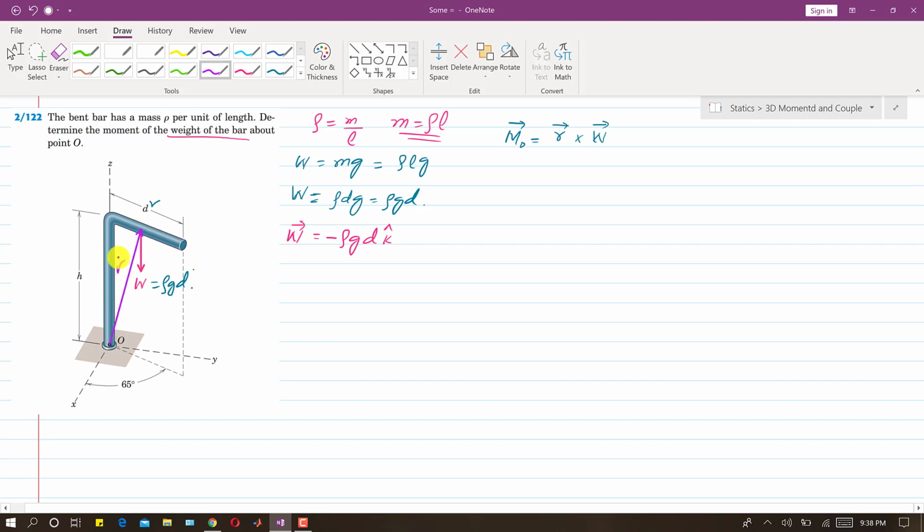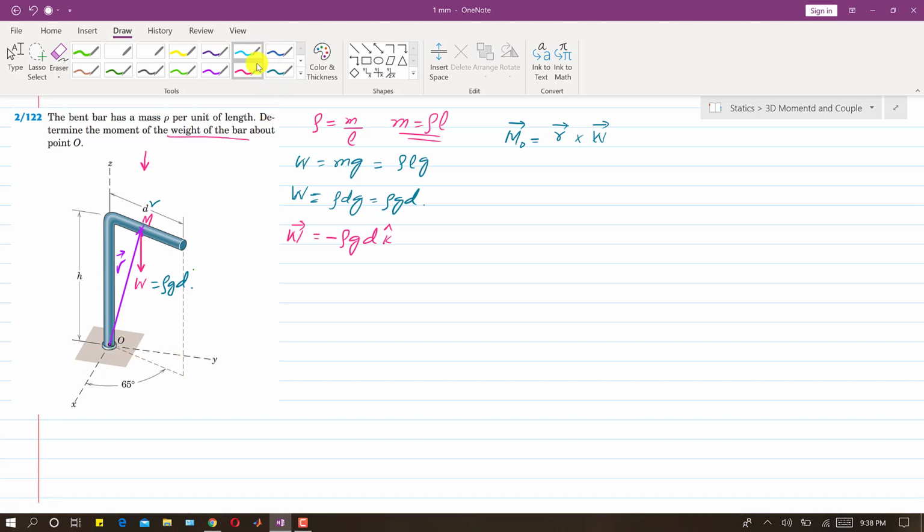Now we need to determine the coordinates of this point. Let's suppose this is the midpoint of this bent bar, point M. We need to determine the coordinates of this point M. If we look at this 3D diagram from the top, we will see the projection of this branch on the x y plane.